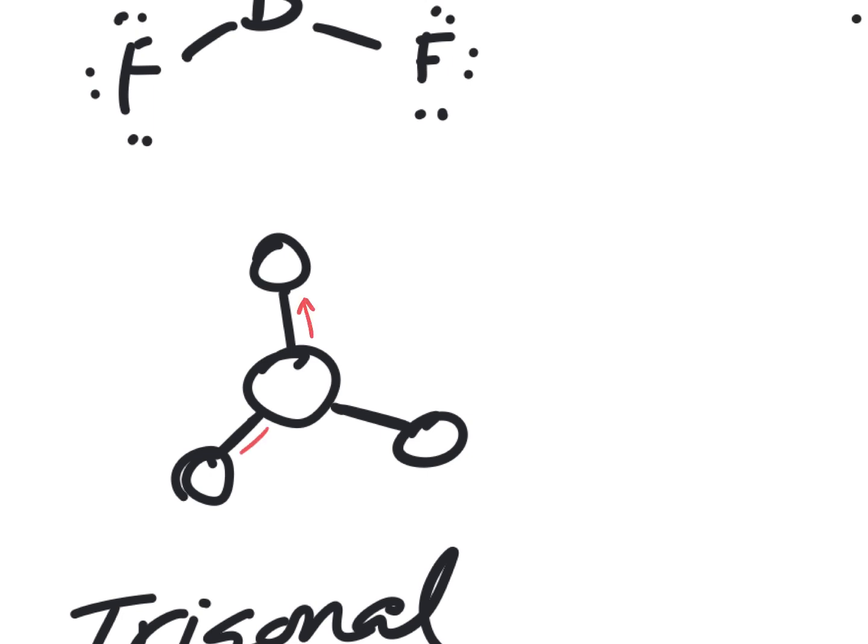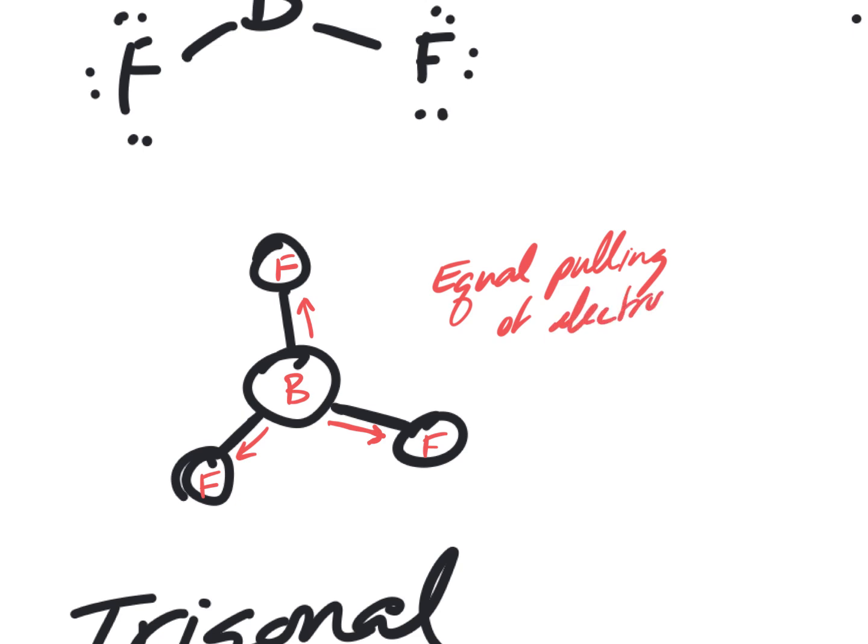They're going to be pulled equally all the way around this molecule toward fluorine. Remember, this is fluorine, fluorine, fluorine, right? Boron. So we're going to have equal pulling throughout. Equal pulling of electrons.